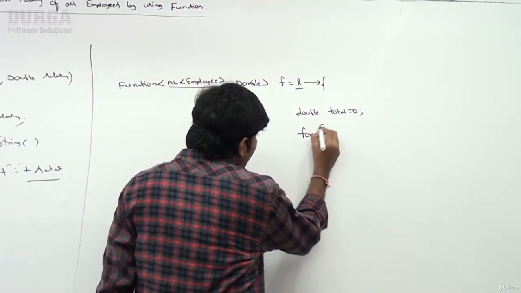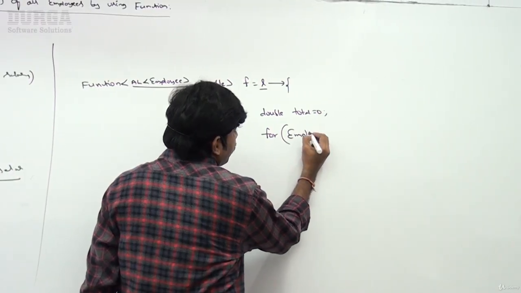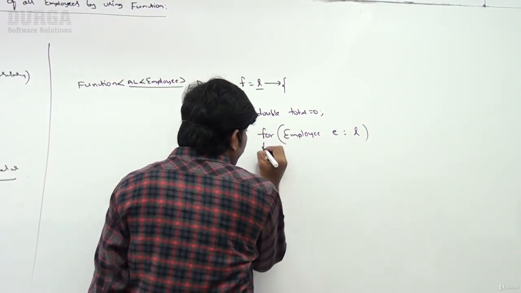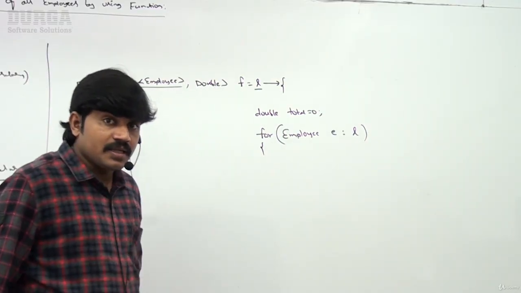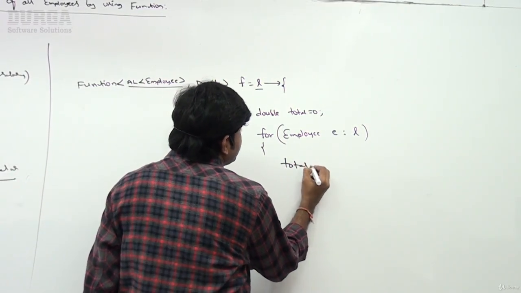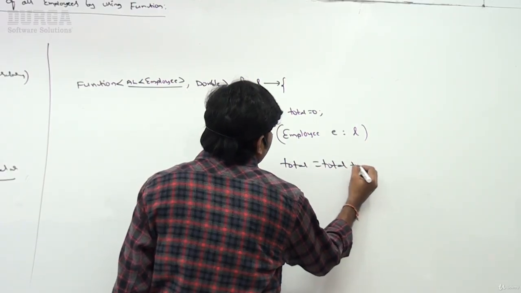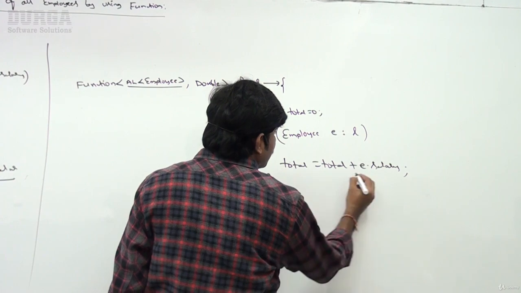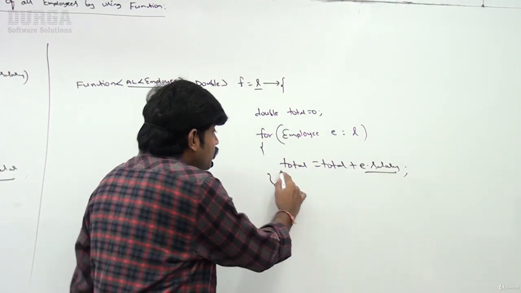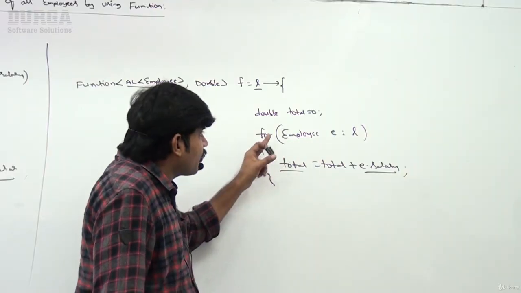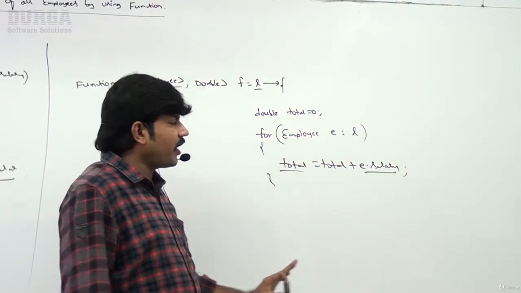Now, for each employee E in L, total is equal to total plus E dot salary. Add the salary of that employee to this total variable. This process is repeated for every employee present inside this list.